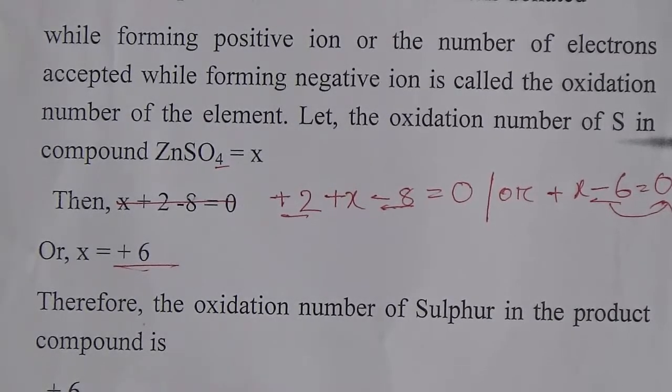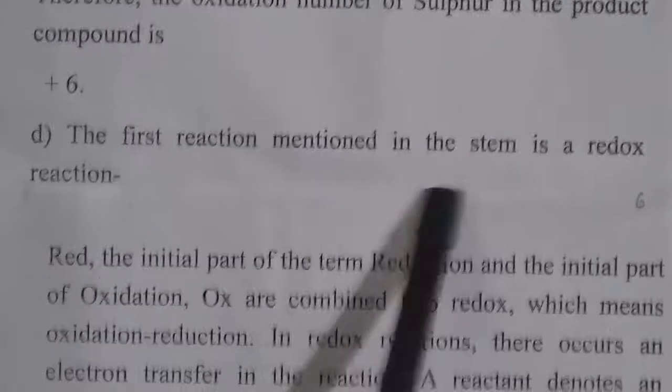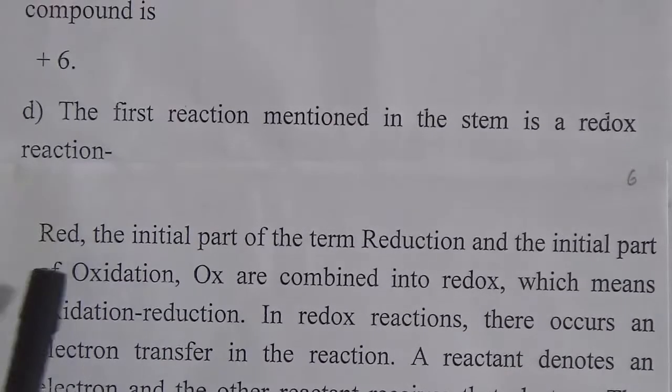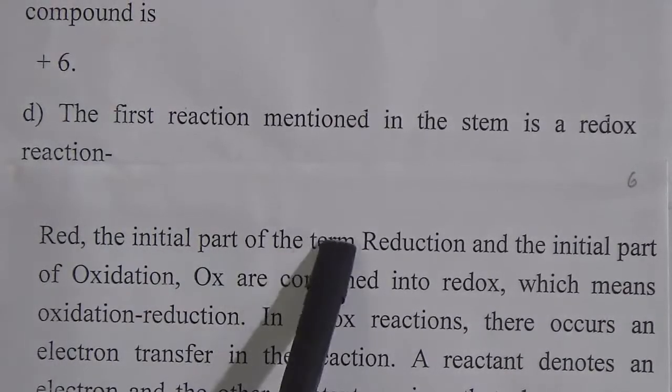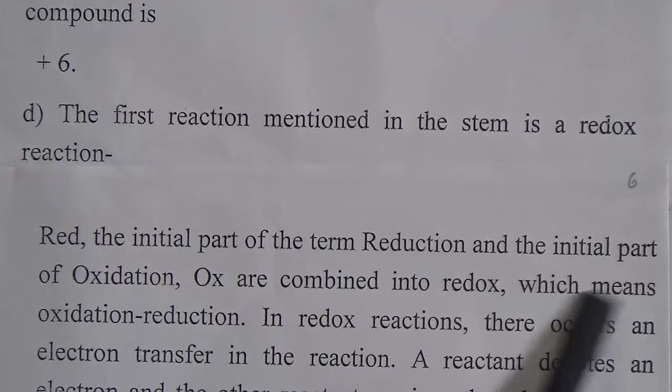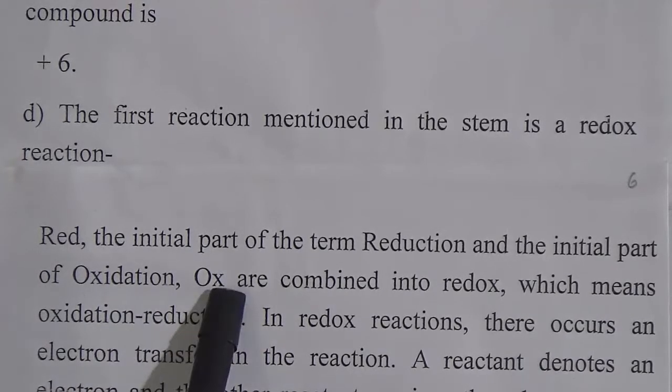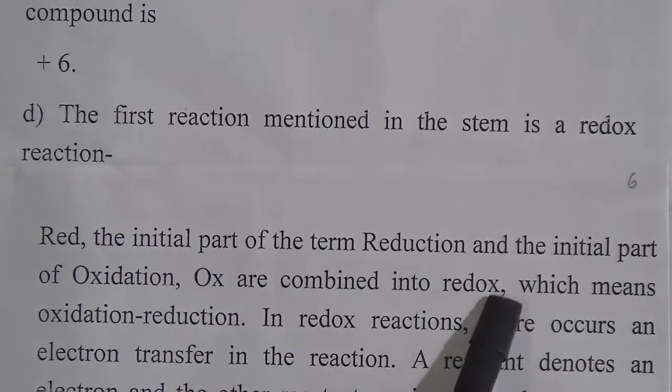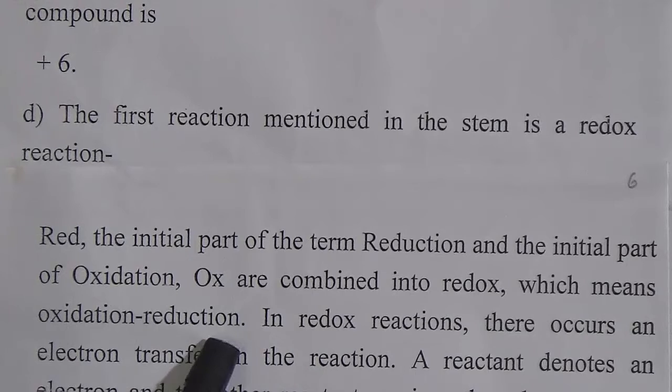Now come to the last question answer, that the first reaction mentioned in the stem is a redox reaction. Red is the initial part of the term reduction, and the initial part of oxidation is ox, they are combined into redox, which means oxidation reduction. In a redox reaction there occurs an electron transfer.